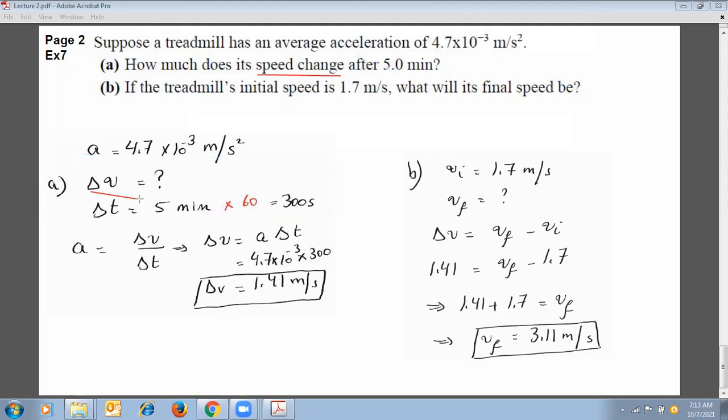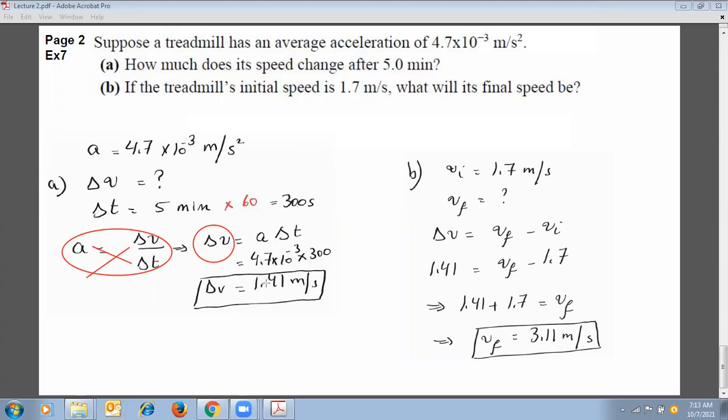So he wants me to calculate delta V. He gives me A, he gives me T, and he asks me to calculate delta V. What do I use? It's a simple formula. Acceleration equals delta V over delta T. So delta V, which he is asking me to calculate, will be A delta T. Here I do cross multiplication.